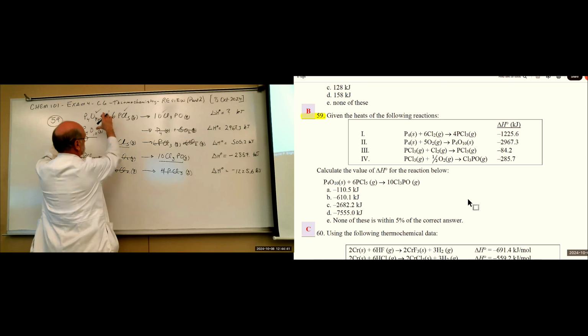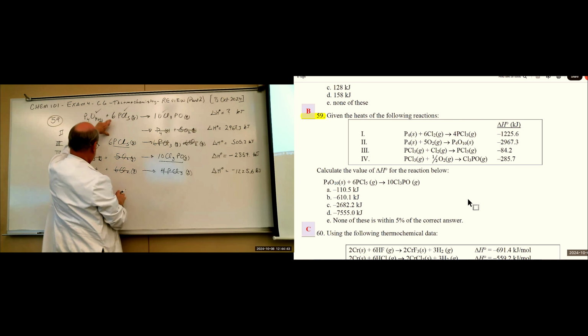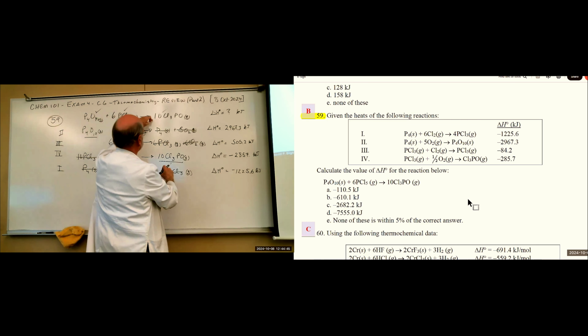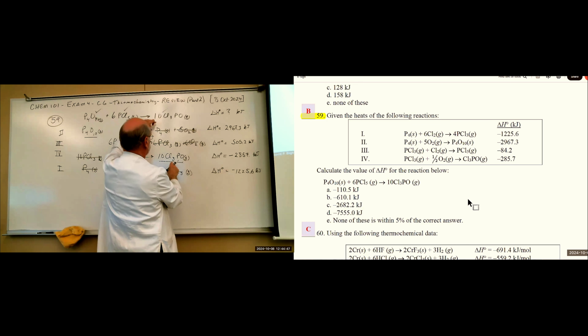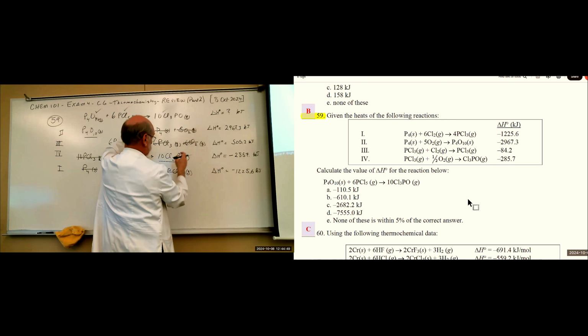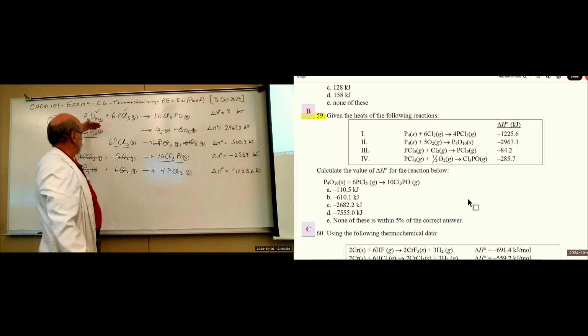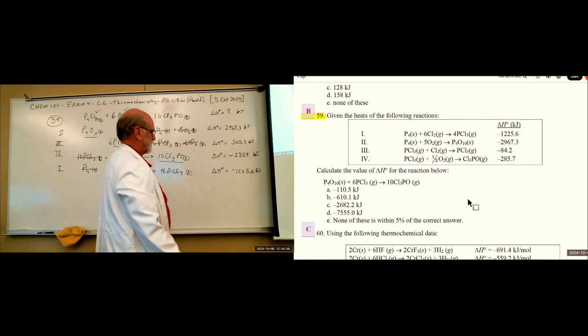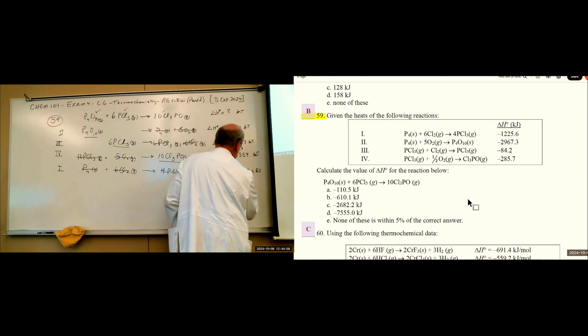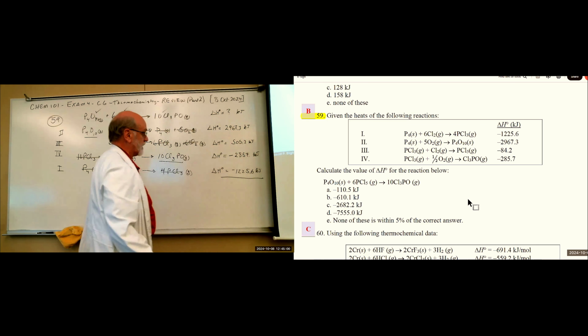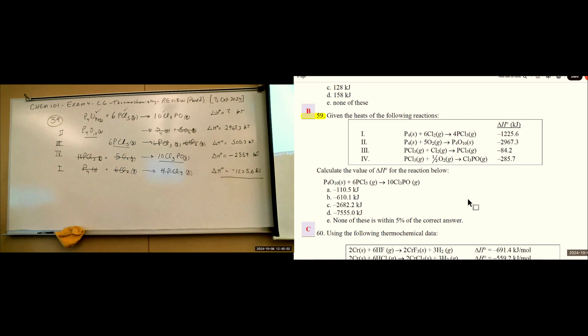We got this one, we got that one. Nothing left over here. Cancel, cancel, cancel, cancel, cancel. We're good. We just have these factors left standing. So now we can add all those values together and get our delta H.